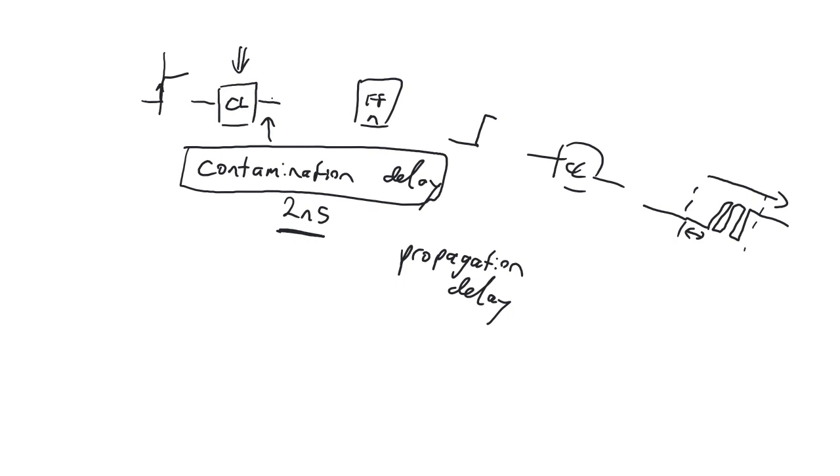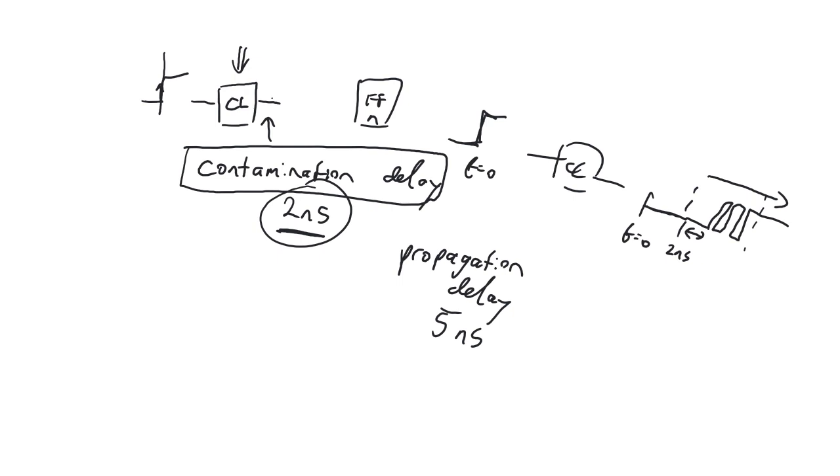So if the input changes at time t equal to 0, then the output is going to remain constant until at least, in this example, 2 nanoseconds has passed, because that's the contamination delay I'm using here. After 2 nanoseconds, and before the propagation delay, which we will say is 5 nanoseconds here, we don't know what will happen at the output.